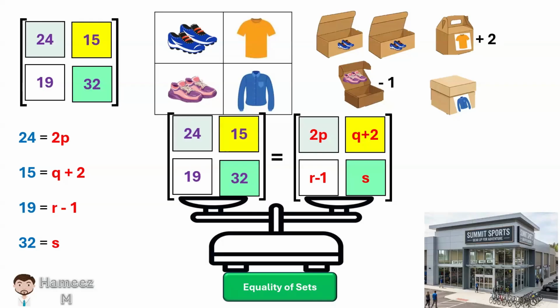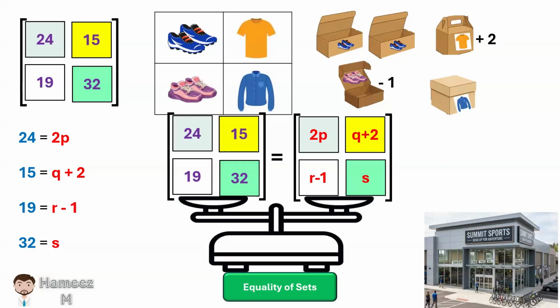Hopefully, you can see that what we're saying here is that matrices are considered to be equal when every single item matches the other item in the two sets. So the first row, first column item in the first matrix is equal to the first row, first column item in the second matrix. 24 is equal to 2p.